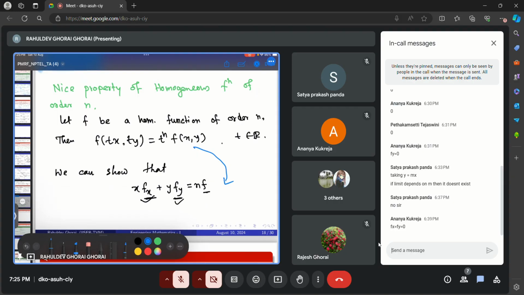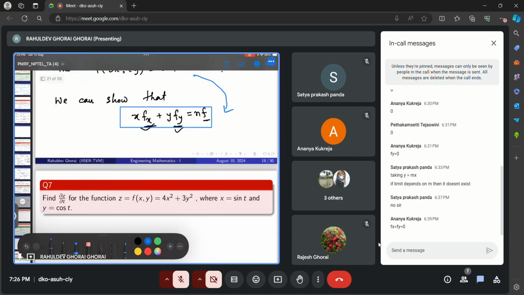I am not proving this now. It is a very easy proof; you will find it on the internet, where they do some straightforward derivative calculations. But remember this. I'll put a box here: x times fx plus y times fy equals nf for a homogeneous function of order n.